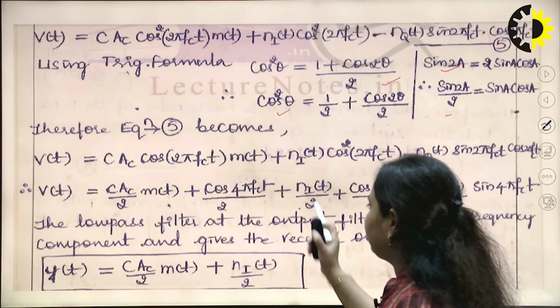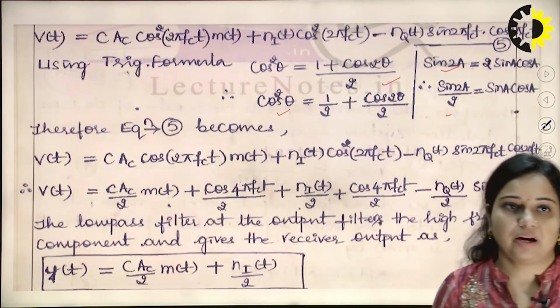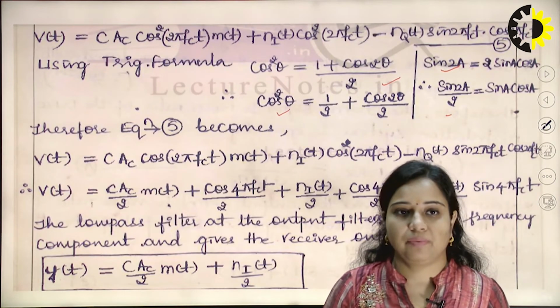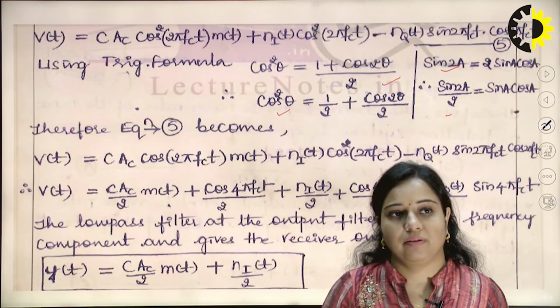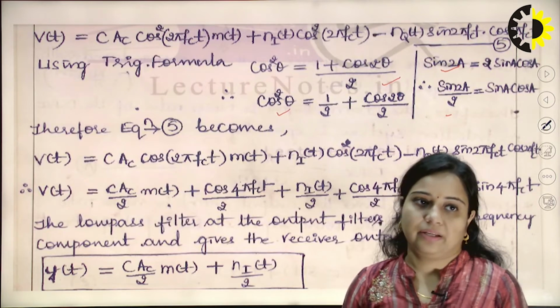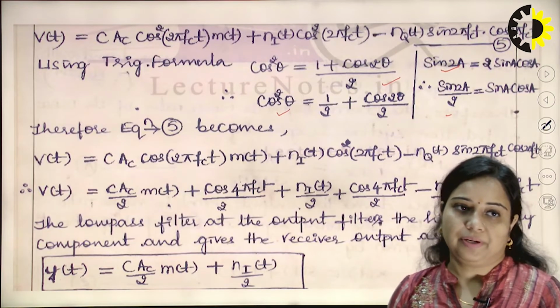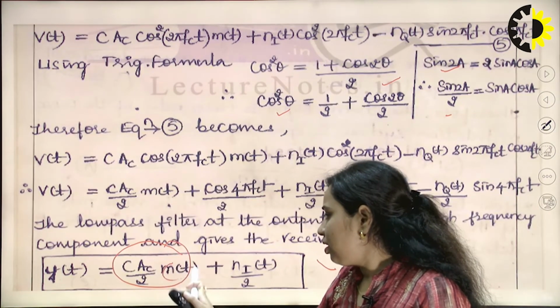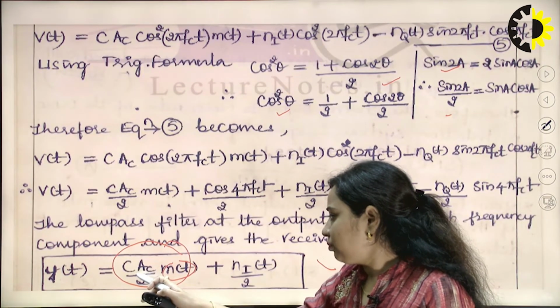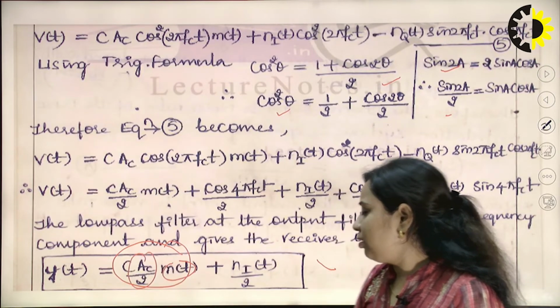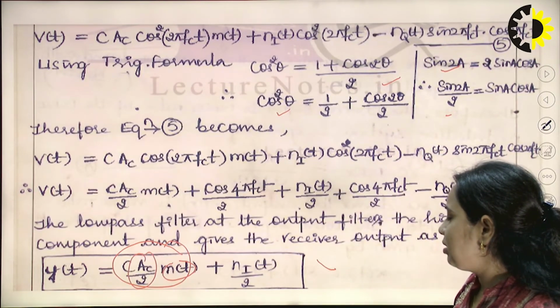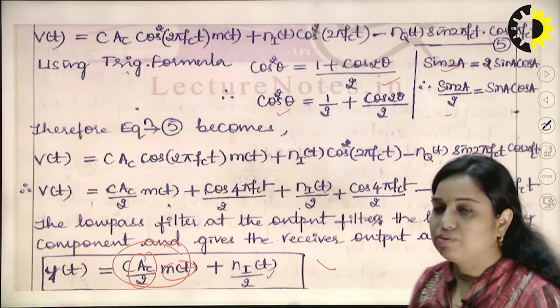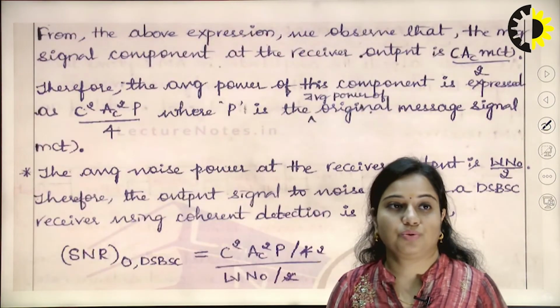We can put all these values in, and the result is passed through a low pass filter, so the higher frequency terms are filtered out. At the output we have only the message signal, with some DC terms, and the noise term which is also reduced to half.